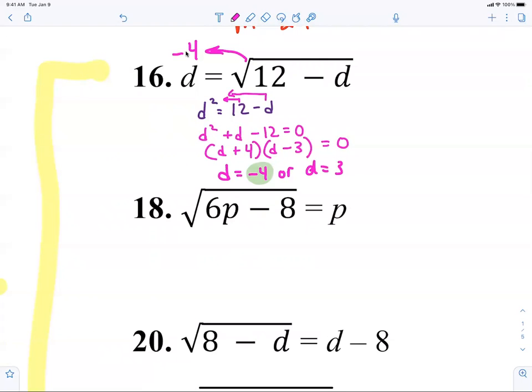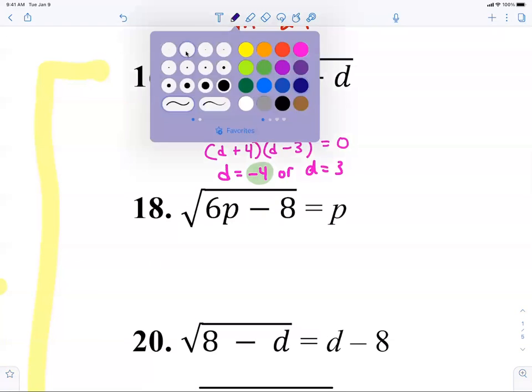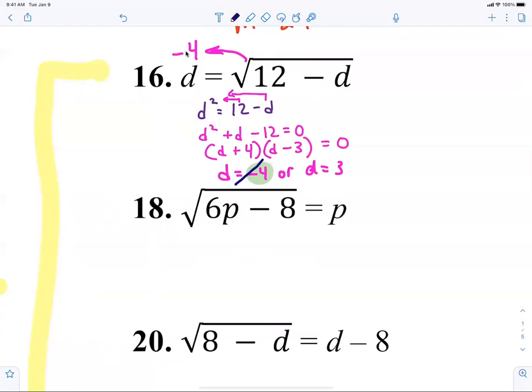No. So this right here is called an extraneous solution. That does not work. -4 does not work. Does 3 work? Yeah, because you can set it equal to a positive. Is everybody with me on this? So here's where kids make mistakes. The only answer is 3. d equals -4 is an extraneous solution.